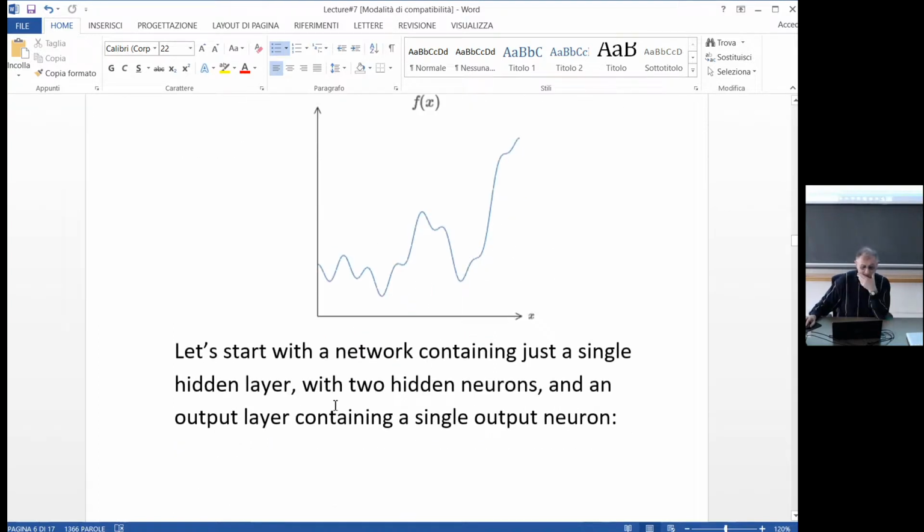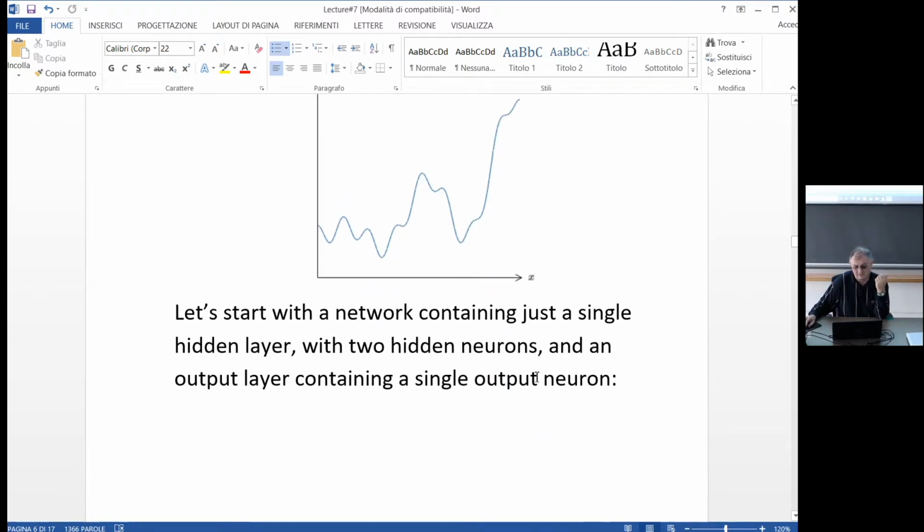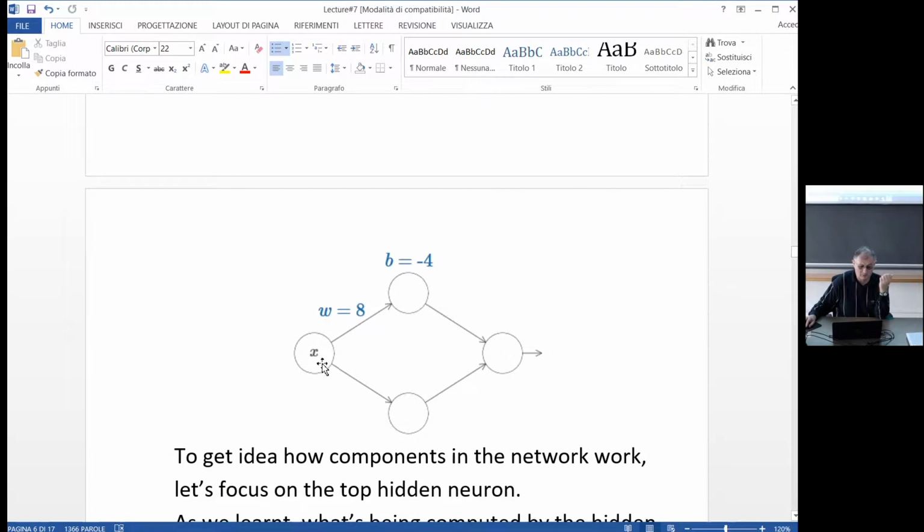Let's start with a network containing just a single hidden layer with two hidden neurons and an output layer containing a single output. So we have one input, x, one output, and only two hidden neurons.